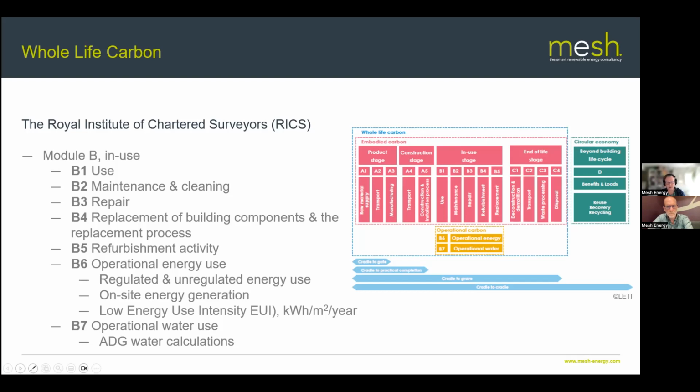What's becoming more important is this includes the regulated and unregulated energy use, as well as on-site energy generation. If you're familiar with LETI, you'll be familiar with the term energy use intensity, which is where we're taking all these energy uses and breaking it down into kilowatt hours per meter squared per year.